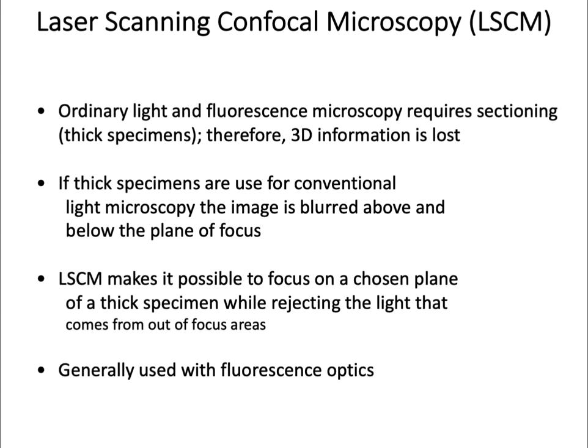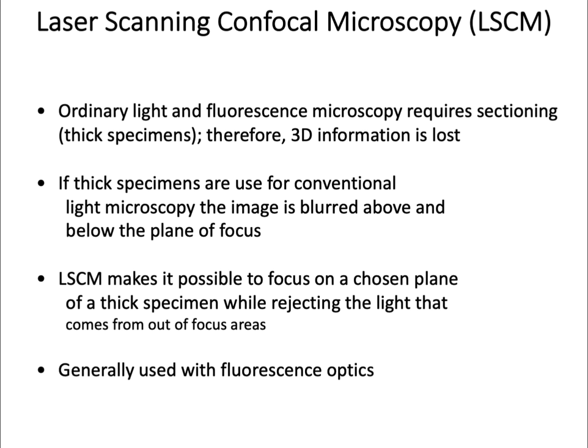Also, even when the thick specimen is sectioned for light microscopy, you still get light from above and below the plane of focus, which results in a blurred image. And sometimes sectioning doesn't help completely. But confocal laser scanning microscopy allows you to focus on a specific plane within your cells or tissue specimen.